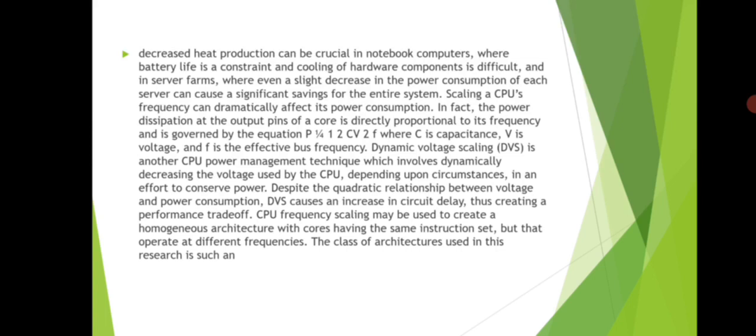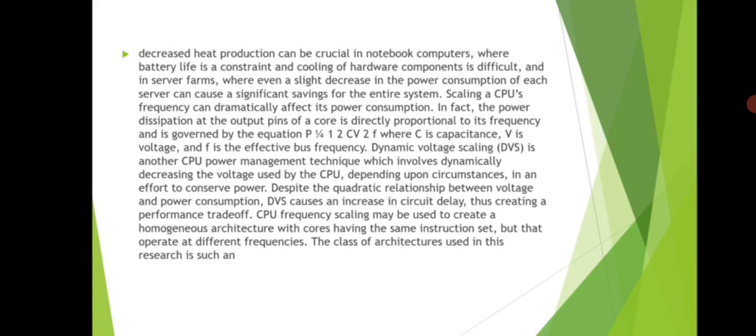Decreasing heat production can be crucial in netbook computers, where battery life is constrained and cooling of hardware components is difficult, and in servers it can cause a significant saving for the entire system. V is the voltage and F is the effective bus frequency.